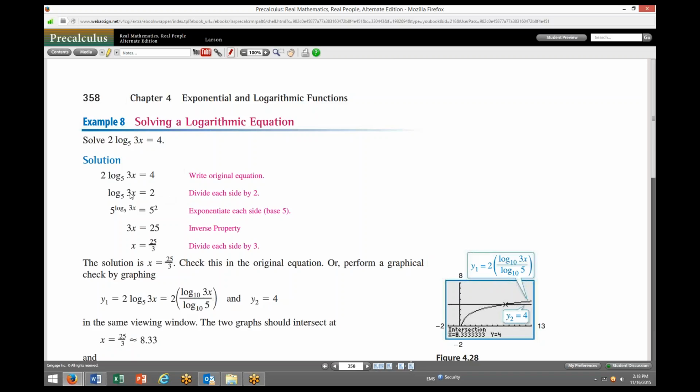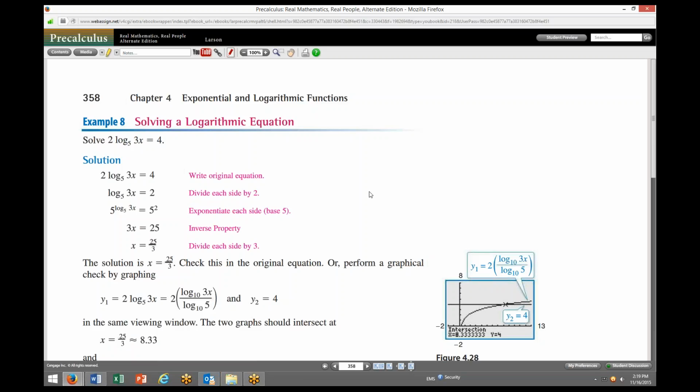So I just come down here, just above the 3x equals 25, I would write it right in there, 5 to the second power equals 3x. 5 squared equals 3x, and 5 squared, you can do that, that's 25. So since 25 equals 3x, you're just trying to find out how much 1x is, divide both sides by 3, x equals 25/3, and you can plug that in and check it, and it works.